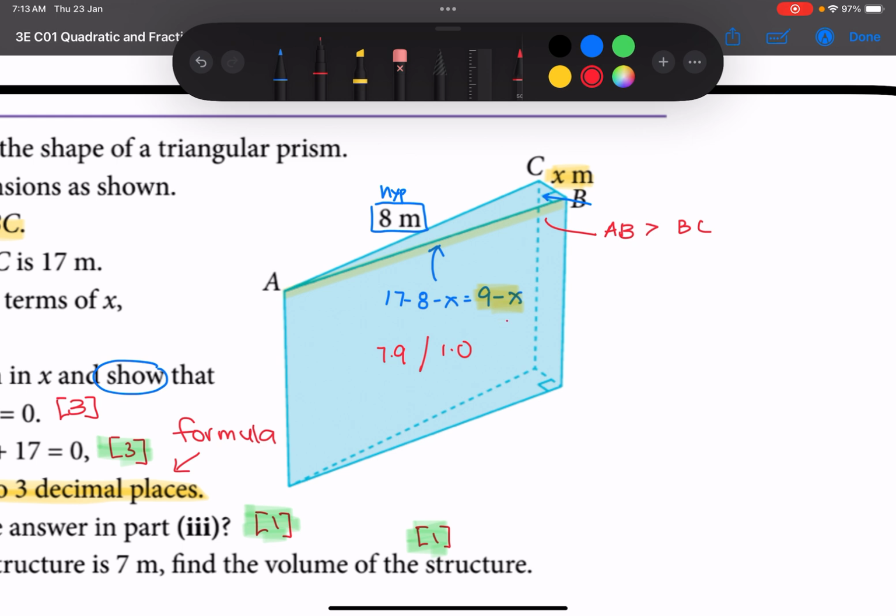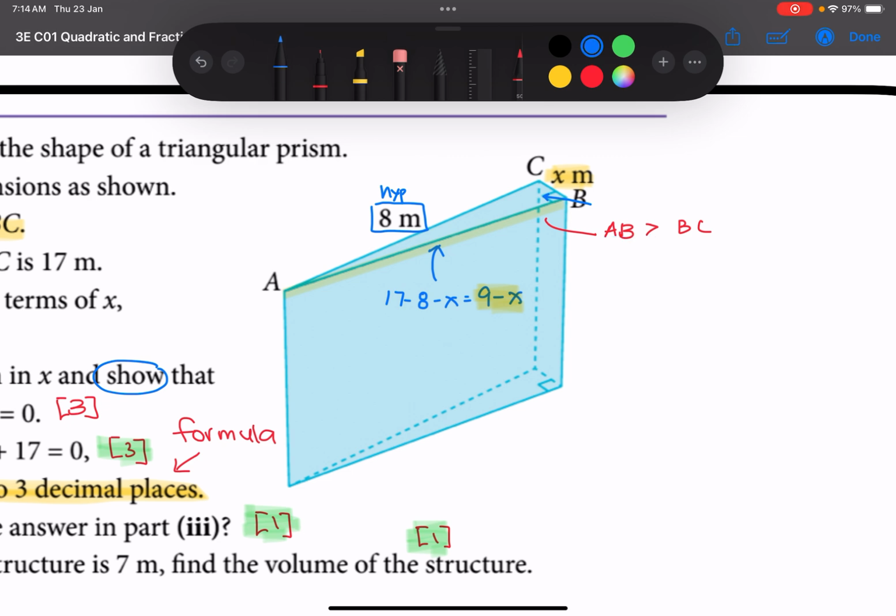So if I put 7.9, obviously cannot, right? If I put in 7.9, you will see that it doesn't work. It is not true. So we are rejecting the bigger answer. Need to use some brain cells, right?